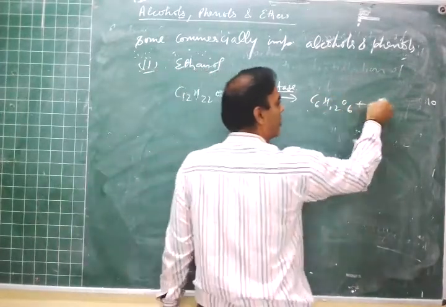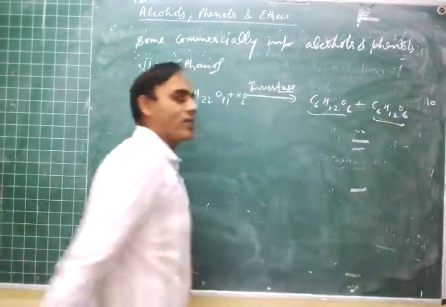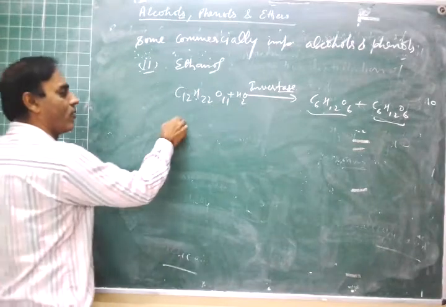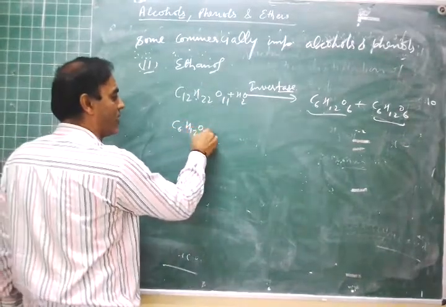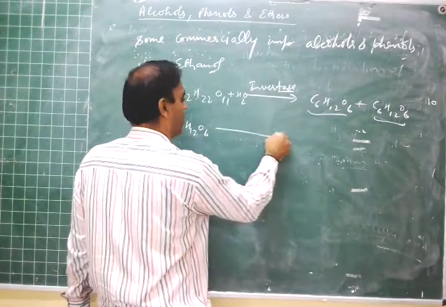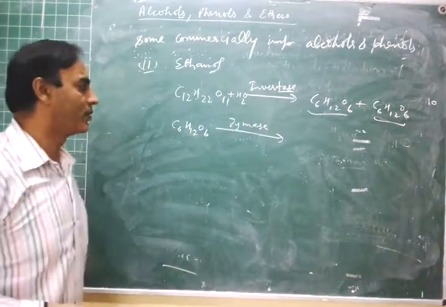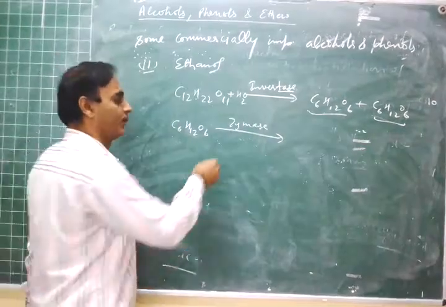This is glucose and this is fructose. Both have the same formula, glucose and fructose. This glucose and fructose, then they are reacted with another enzyme, zymase, which is obtained from yeast in the absence of air.